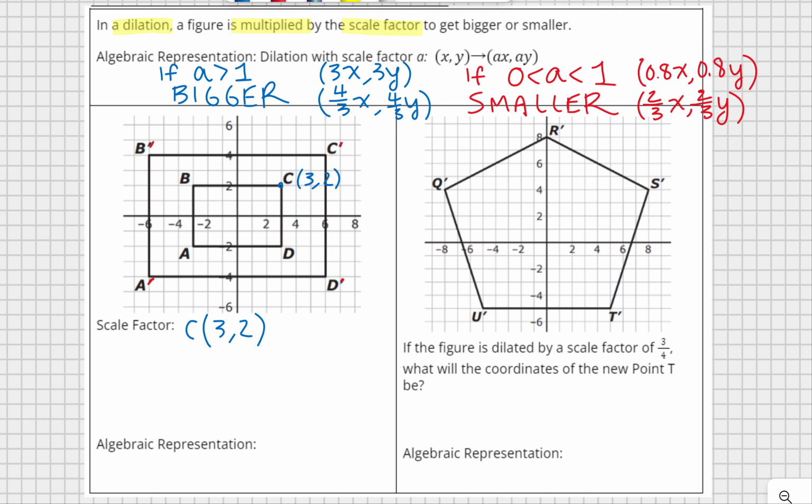The matching, or corresponding, point is C prime, and the coordinates of that point are an x of 6 and a y of 4. So C prime is x of 6, y of 4.